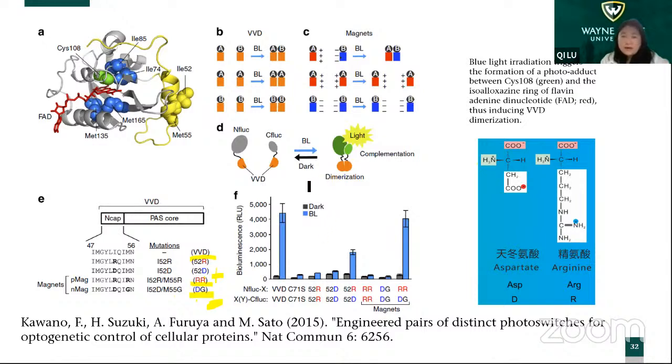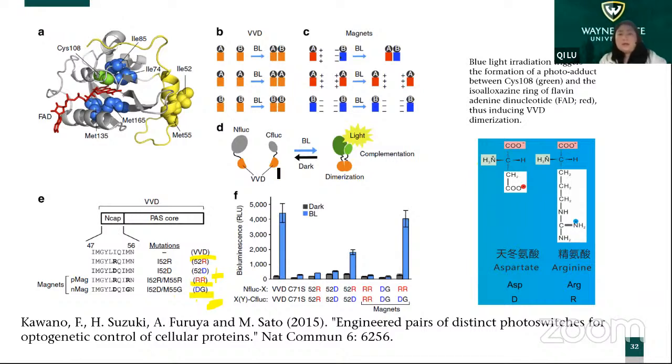In this way, we can link different parts, different subunits, to either this one or another one of the subunits of the VVD.